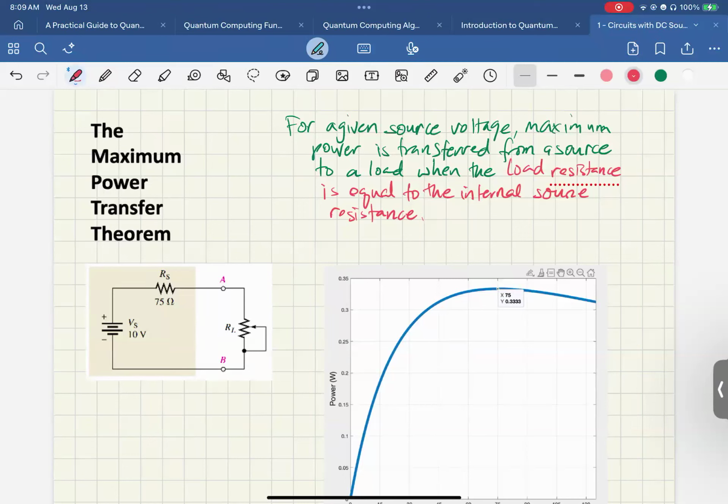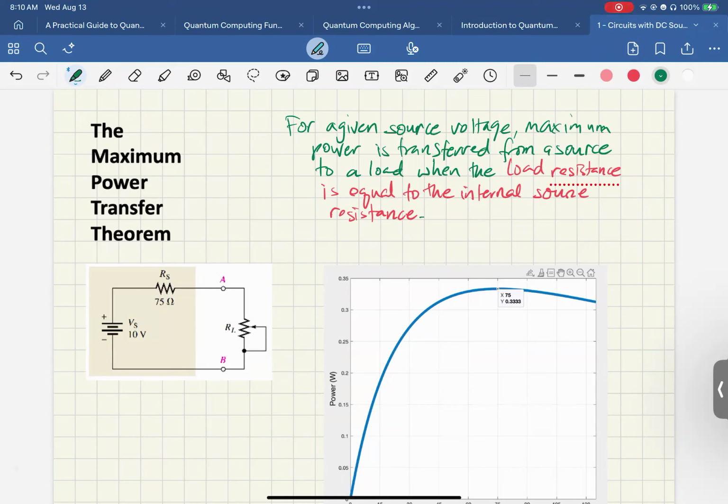Okay, when the load resistance is equal to the internal source resistance. So it's a very simple concept, but it's a little bit hard to implement.